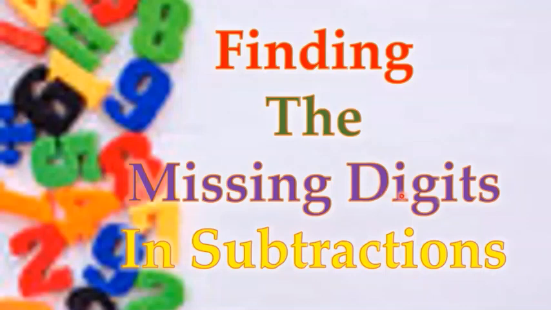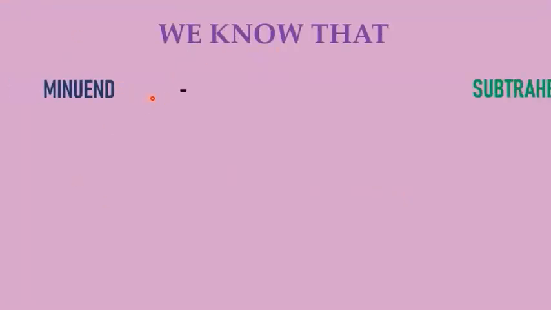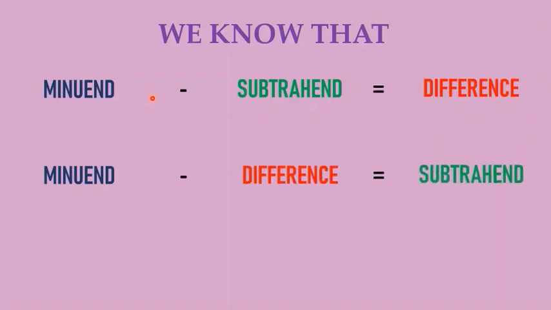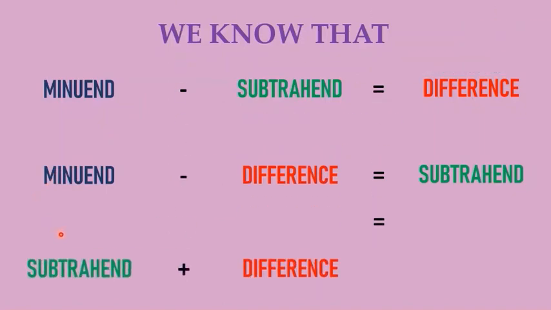Before doing one problem, we have to discuss 3 points here, children. One is, you know that minuend minus subtrahend is equal to difference. Minuend minus difference is equal to subtrahend. And subtrahend plus difference is equal to minuend.